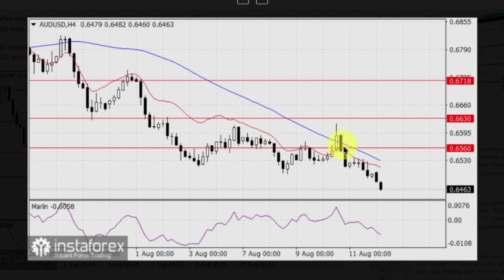The balanced line, red line on graphic, and the MACD line, blue line on graphic. And with the support of decline in Marlin oscillator, the downward movement persists. A correction is highly likely after reaching the target level of 0.6388.